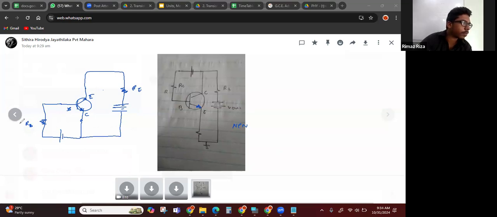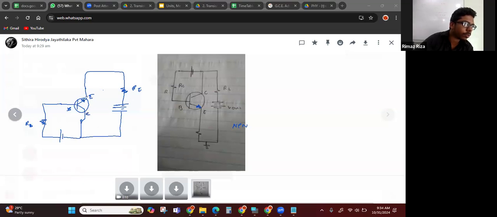Sorry, I made a mistake. I had to mark the arrow here, not in the collector.